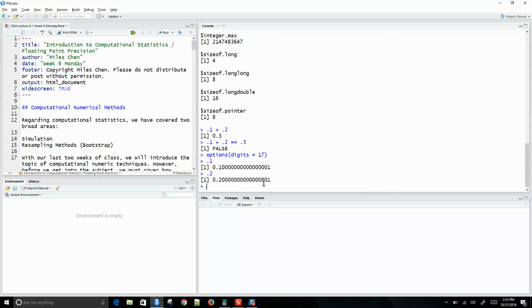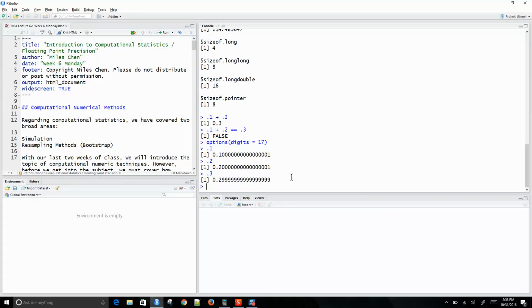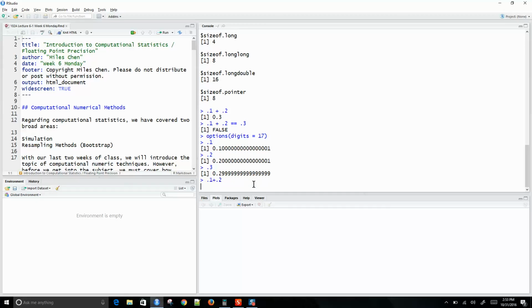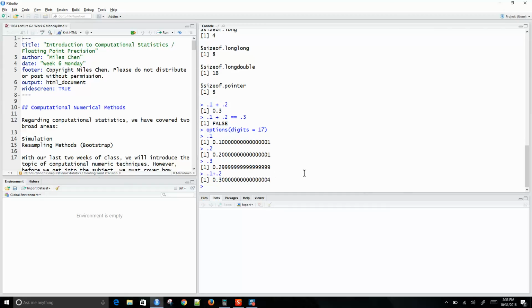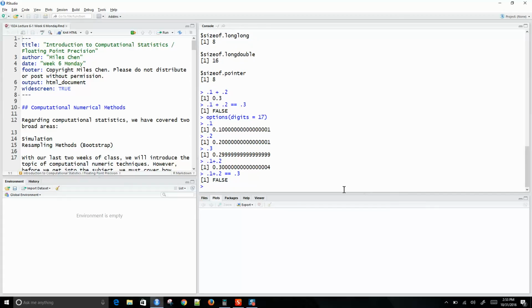These are very close to the values we're asking for, but not exactly equal at the binary level. And if we ask what is 0.3, it's not exactly 0.3 either, it's 0.299. So if we ask what's 0.1 plus 0.2, these values are different, and that's why the computer says these two things are not equal.